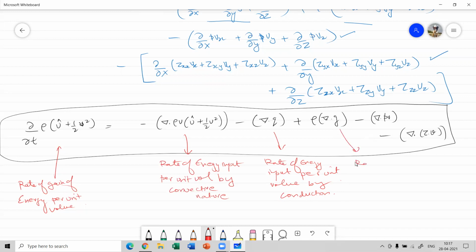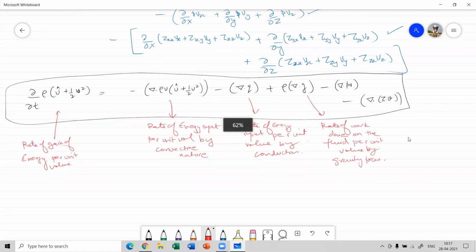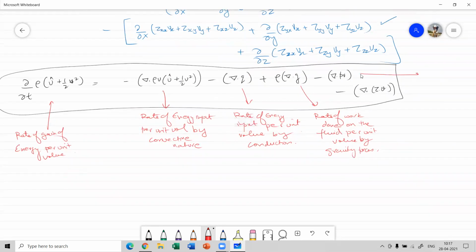This is the rate of work done on the fluid per unit volume by gravity forces. This is the rate of work done on the fluid per unit volume by our pressure forces.